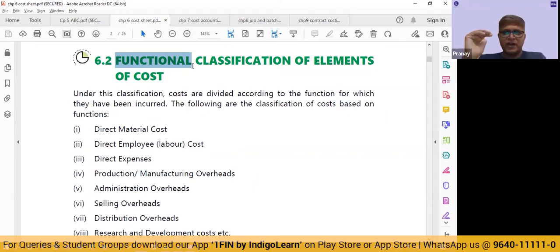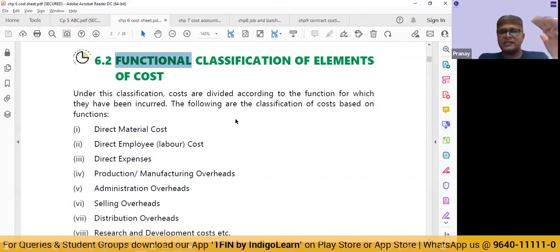So we will have to identify whether something is going as a part of direct material, direct labor, direct expense, or is it indirect? And if it is indirect, is it in relation to production? Is it in relation to sales? Or is it office and admin expenses? So that functional classification is only going to help us in preparing the cost sheet. So this is one aspect of cost sheet.